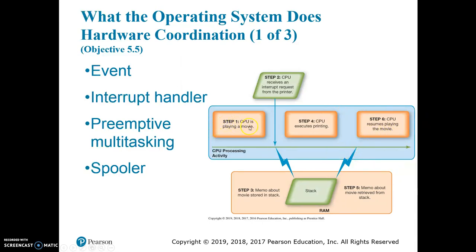Now, if we just read this through, like literally what it says, it's going to sound as if your CPU is playing the movie, that it stops in order to print. Once it prints, it then resumes the movie. But as we know, as computer users, that's not how it works, okay? This is all happening at blazing speeds that we cannot even fathom, or at least I can't, right?